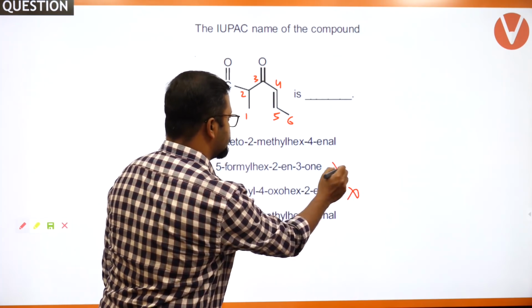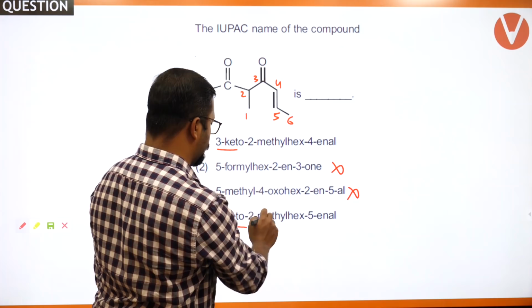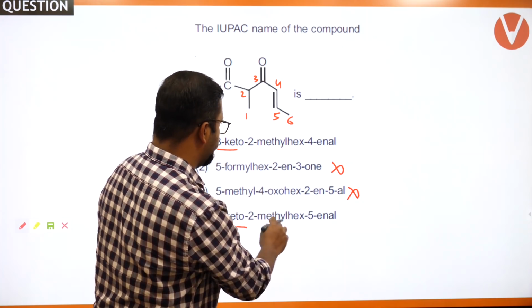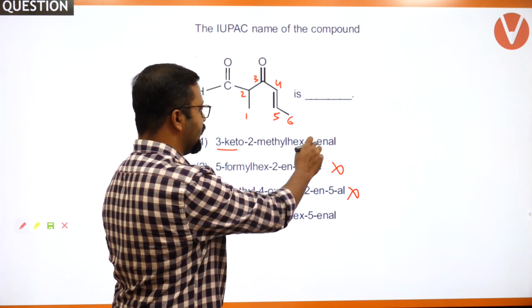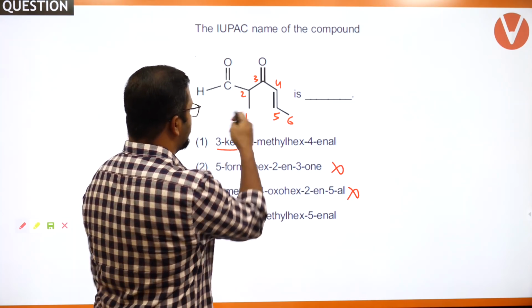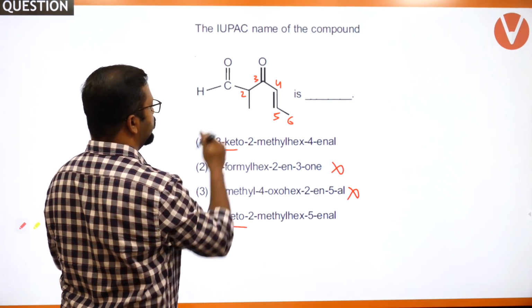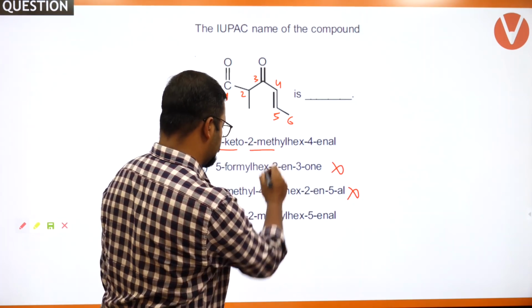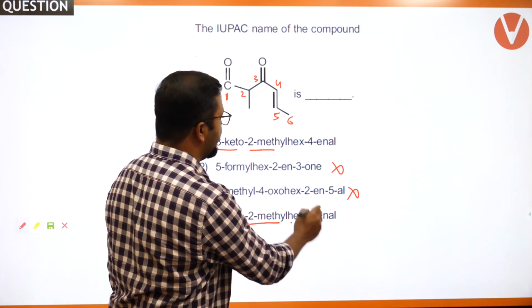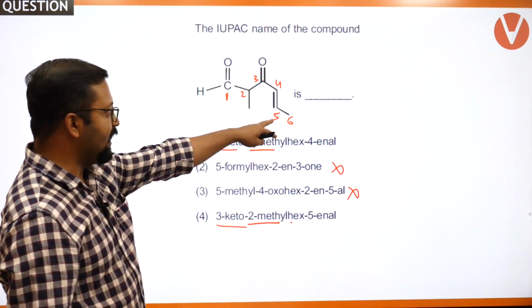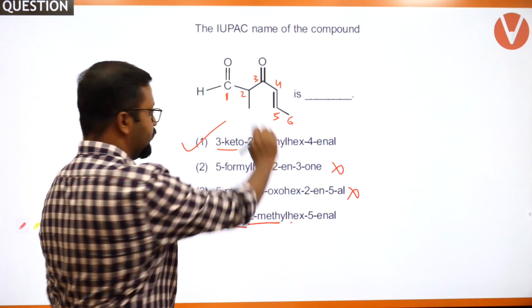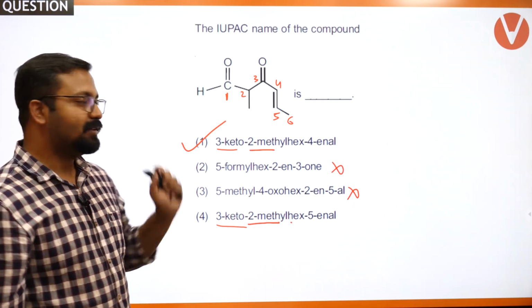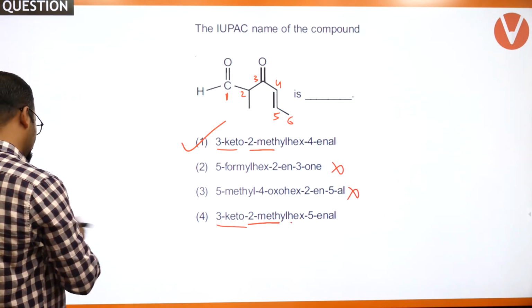This will not be correct. 3 keto 2 methyl hex 4 enal. I'm sorry, this will not be 1 over here. 1 will be over here. 2 methyl hex 5 enal. Hex 5, no, hex 4 होना चाहिए. The right answer is A or 1.